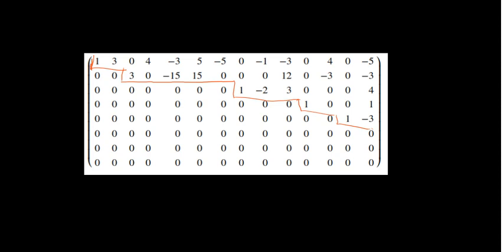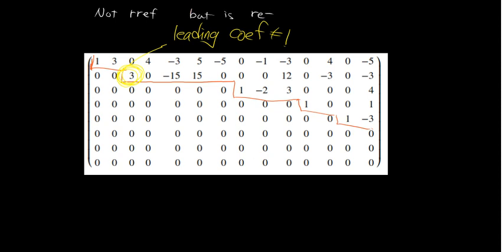But the problem is this one: the coefficient is not equal to 1. So again, this is not RREF, but it is REF. And the reason is the leading coefficient is not equal to 1.